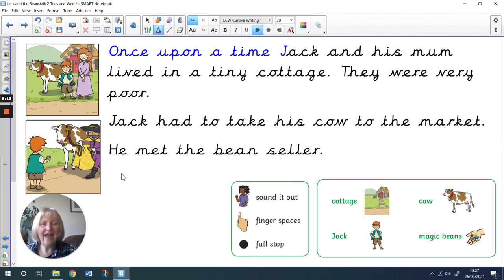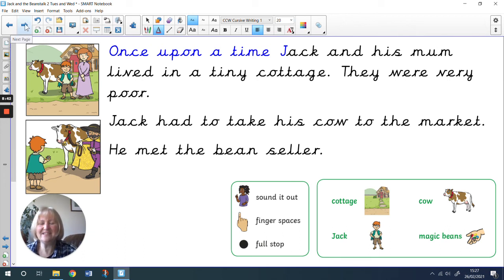Hi. I think this is better. See what you think. Once upon a time, Jack and his mum lived in a tiny cottage. They were very poor. Jack had to take his cow to the market. He met the bean seller.